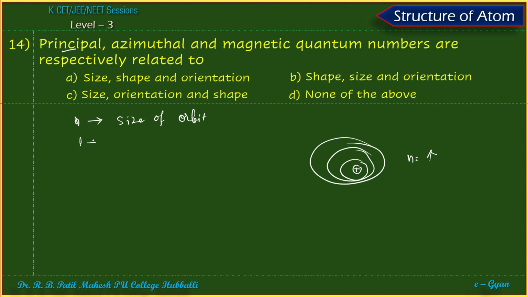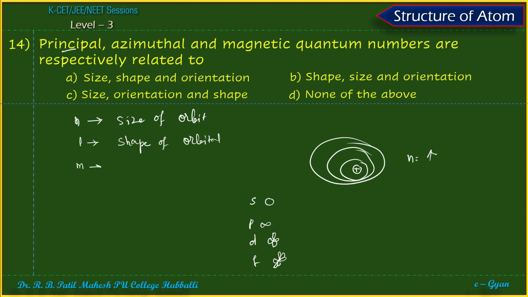Next, coming to azimuthal quantum number, it is going to represent the shape of atomic orbital, where s orbital is spherical, p orbital is dumbbell, d orbital is double dumbbell, and f orbital is triple dumbbell. Like that, the shape is decided by L, that is azimuthal quantum number.